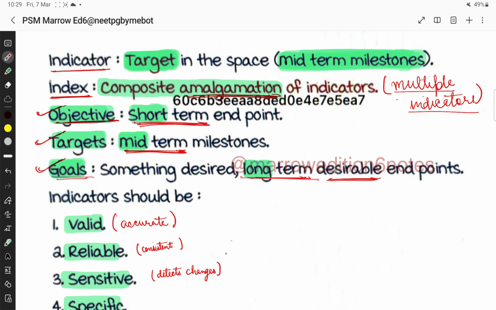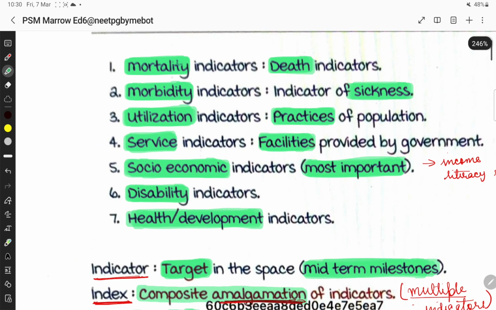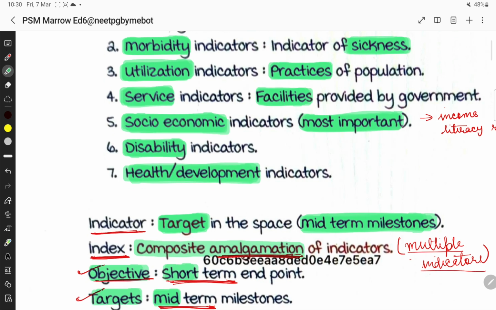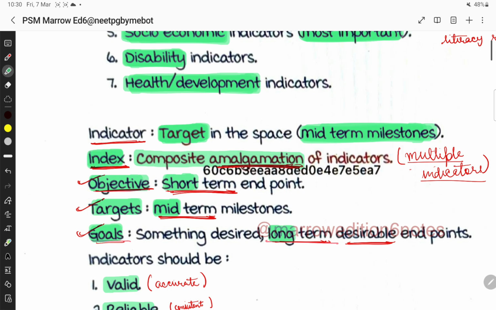One index includes many indicators. An indicator is an individual thing, and multiple indicators form the index. So these are the different types of indicators: mortality, morbidity, utilization, service, disability, socio-economic, and health and development indicators. Index is a composite amalgamation of the indicators.